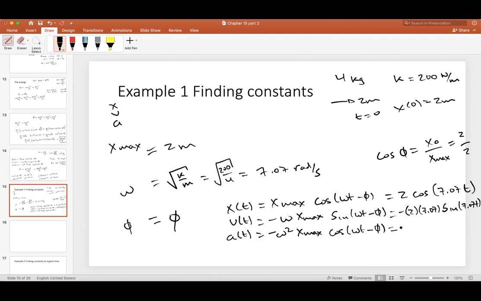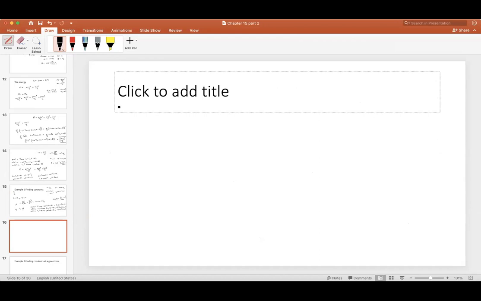And finally, I would get minus 7.07 squared times 2 times cos of 7.07 t. Right? Not too hard. But that's all you really have to do. At this point, we have an equation for x, an equation for v, and an equation for a. So let's write those again really fast.